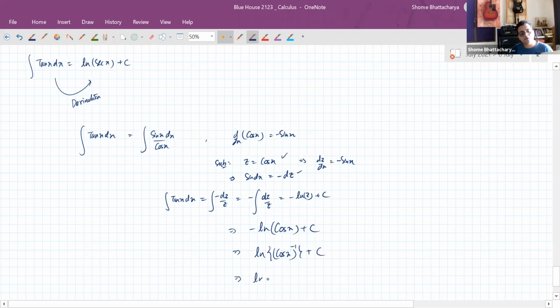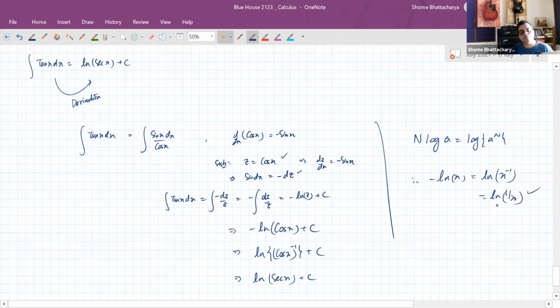So this becomes ln of sec x plus c, because you know the property of log: minus of ln x is ln x to the power minus 1, or ln 1 by x. So that's the property we've used.